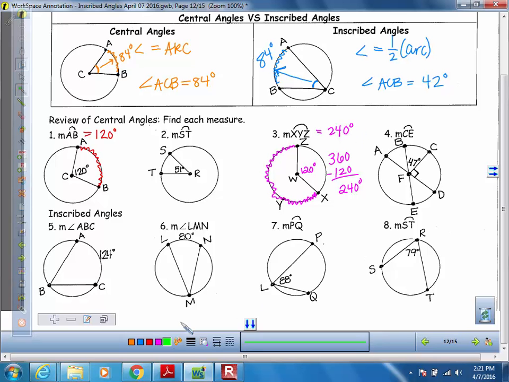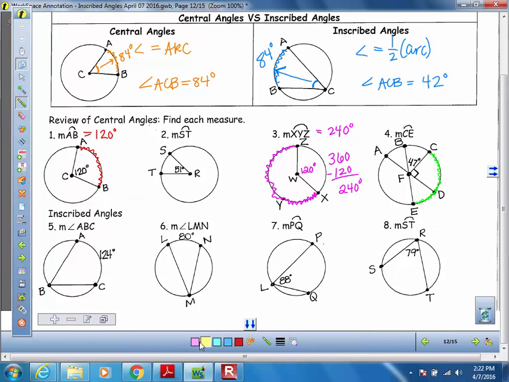Okay. And then number 4, they ask us from C, the arc measure from C to E. Does anybody have a thought of how we would do that one? Nope, can't do that. What do you think, Maggie? Okay.